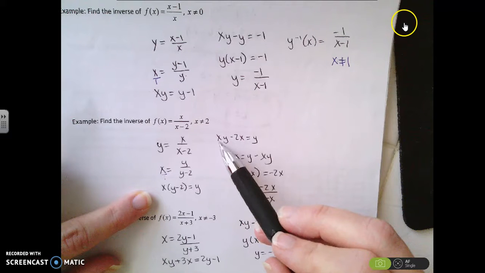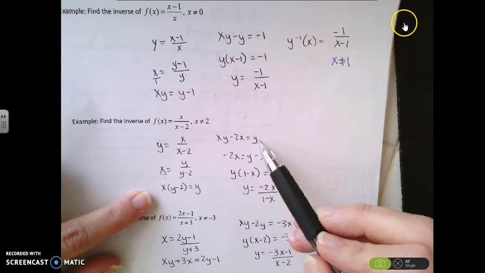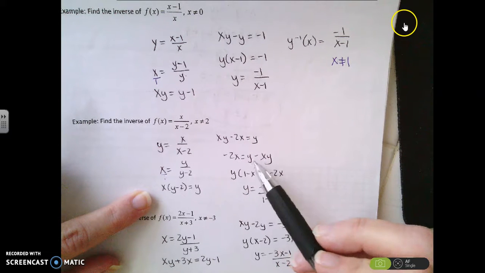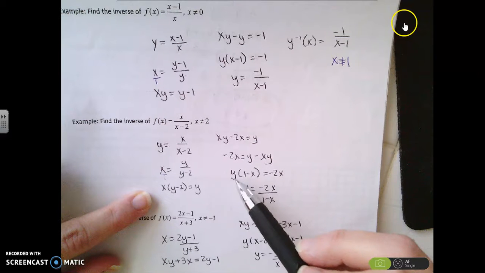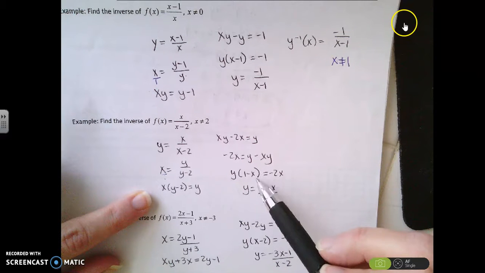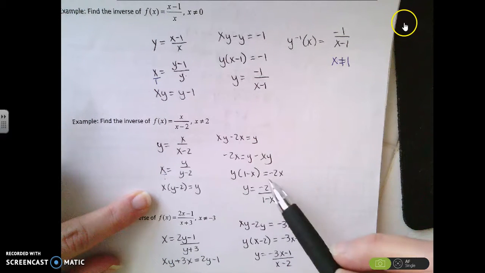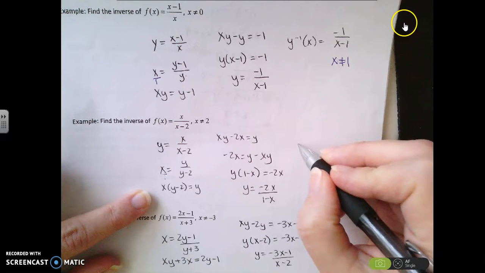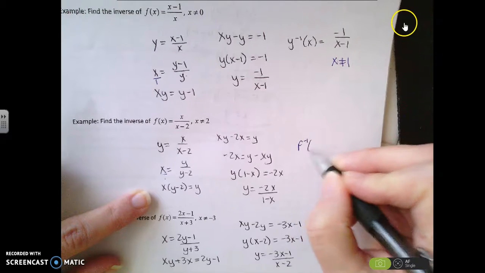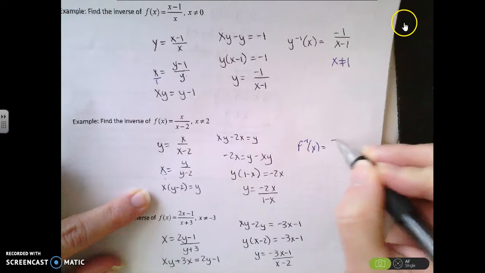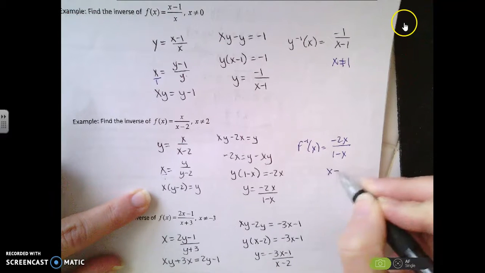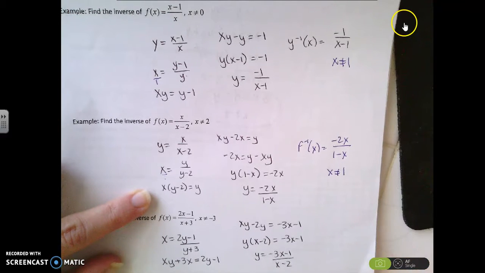So I decided to move that xy over to this side. So I subtracted the xy, and then I needed to get the y by itself again, so I have to factor it out, and I'm left with 1 minus x equals negative 2x, and then I'm going to divide. So my inverse, f inverse, is equal to negative 2x over 1 minus x, and x cannot equal 1 again.